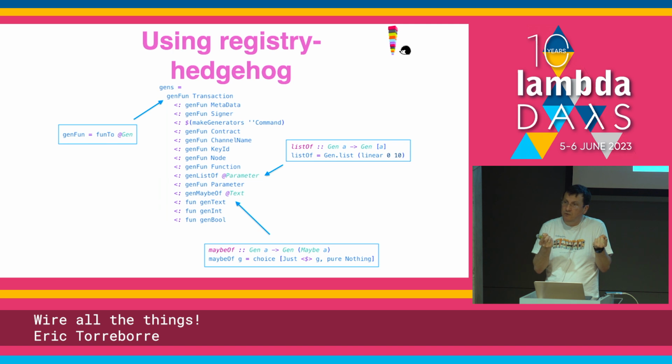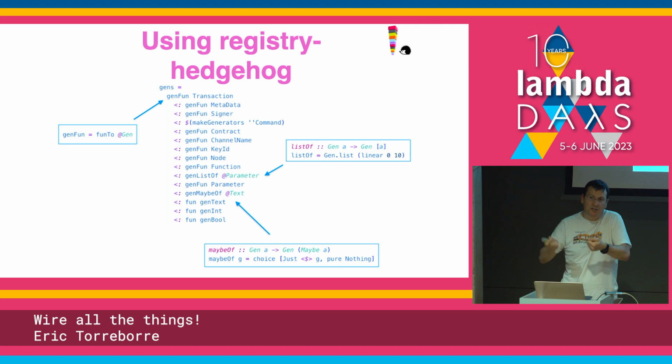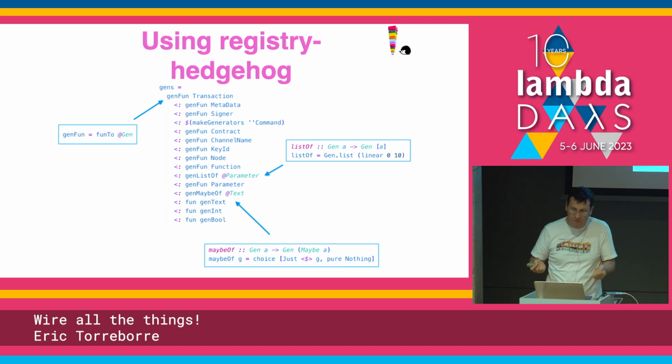And in some cases, you might want to say, 50% of the time, you generate some or none, or maybe you want less nonce because it might not make sense to generate nonce one time out of two. You still need a bit of template Haskell because there is still some boilerplate.